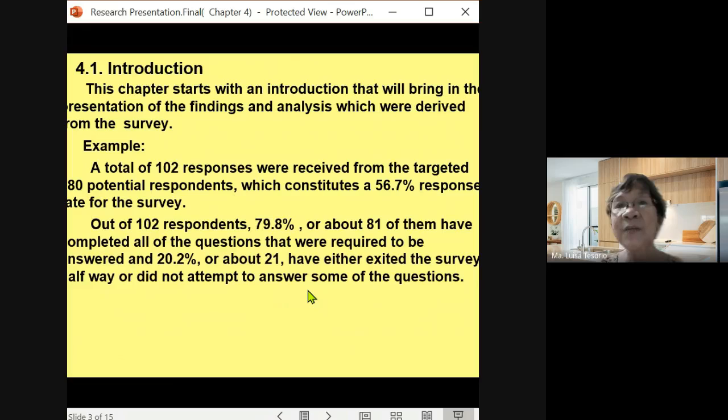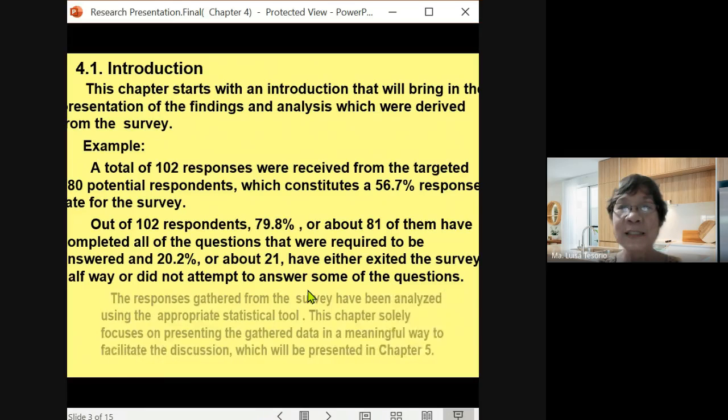Out of 102 respondents, 79.8%, or about 81 of them, have completed all of the questions that were required to be answered, and only 20.2%, or about 21, have either exited the survey halfway or did not attempt to answer some of the questions.